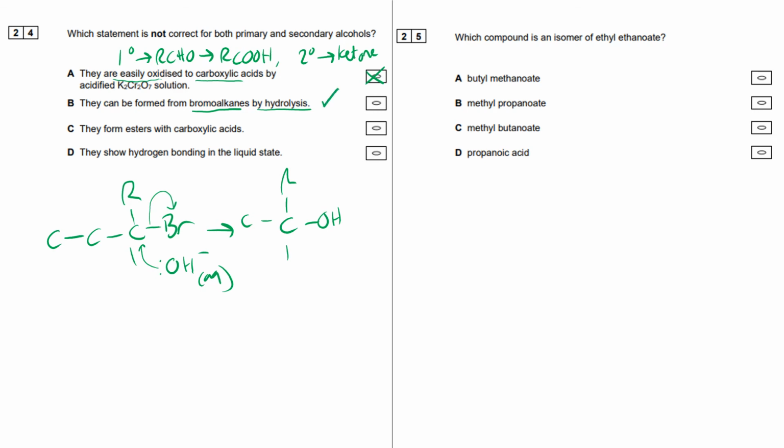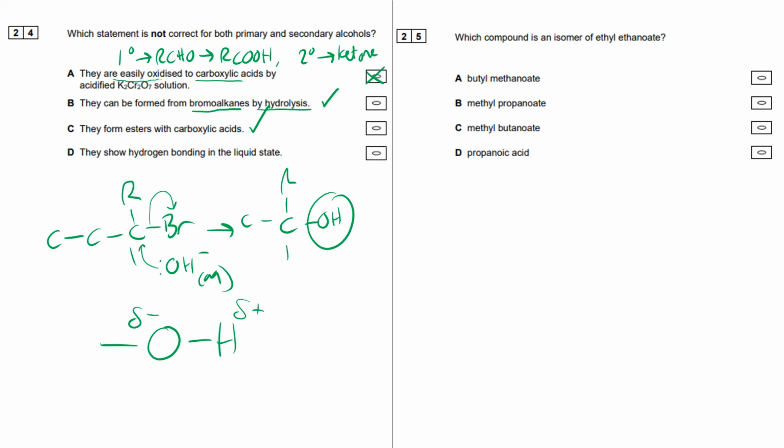They will form esters with carboxylic acids. Yeah, primary, secondary and tertiary alcohols will react with carboxylic acids in the presence of sulfuric acid to form esters. And do they show hydrogen bonding? They both have OH bonds. It's a very polar bond because the oxygen is very electronegative, more electronegative than hydrogen.